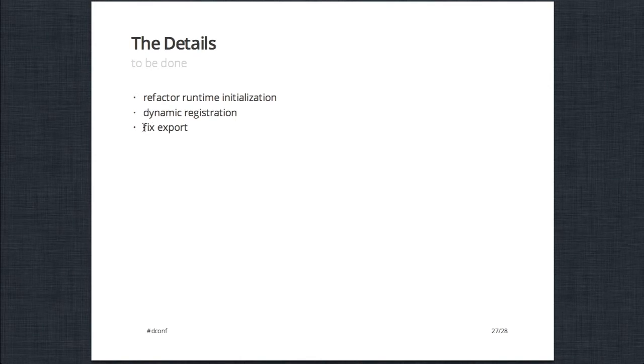And we have to fix export, kind of, because it works on Windows. It's a feature for Windows. And actually, I would like to make more use of it on POSIX systems, because the default on POSIX is that you have all symbols visible.